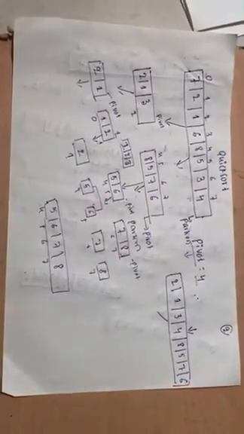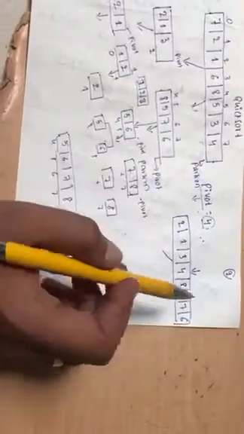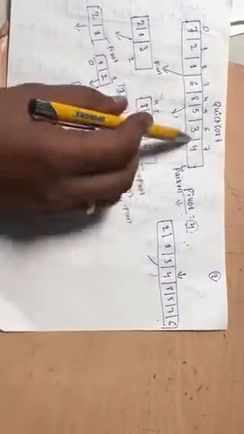Now concentrate here. Once you have selected a pivot element, the left hand side of the pivot element should be lesser than the pivot element, and the right hand side of the pivot element should be greater than the pivot element. Here, 4 will be considered as the pivot element.